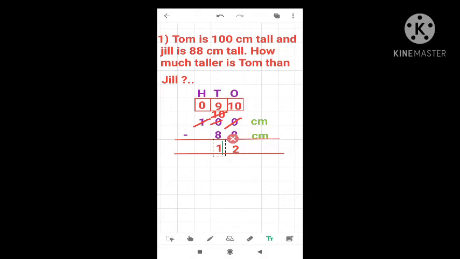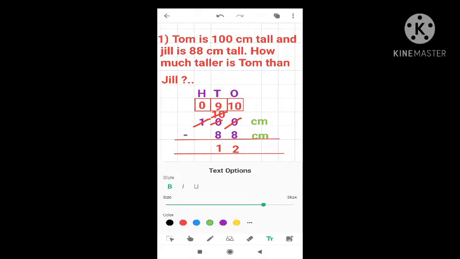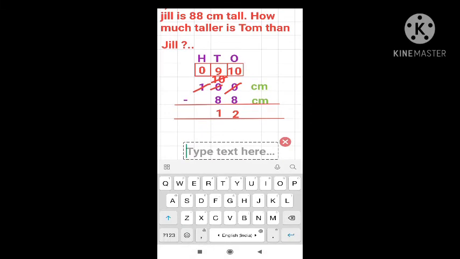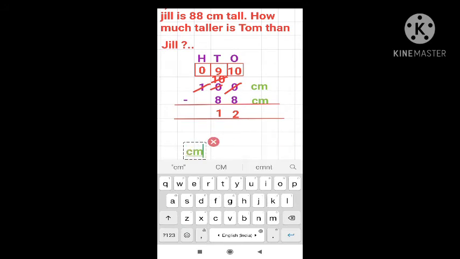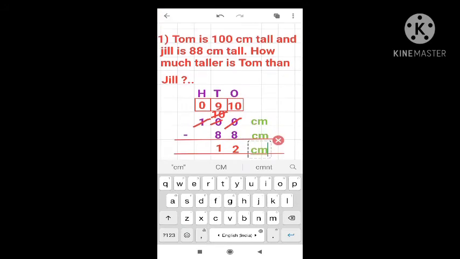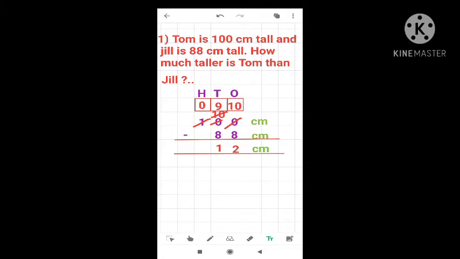So don't forget to write its unit, that is centimeters. It means when we subtract 88 centimeter from 100 centimeter, we are left with 12 centimeter.